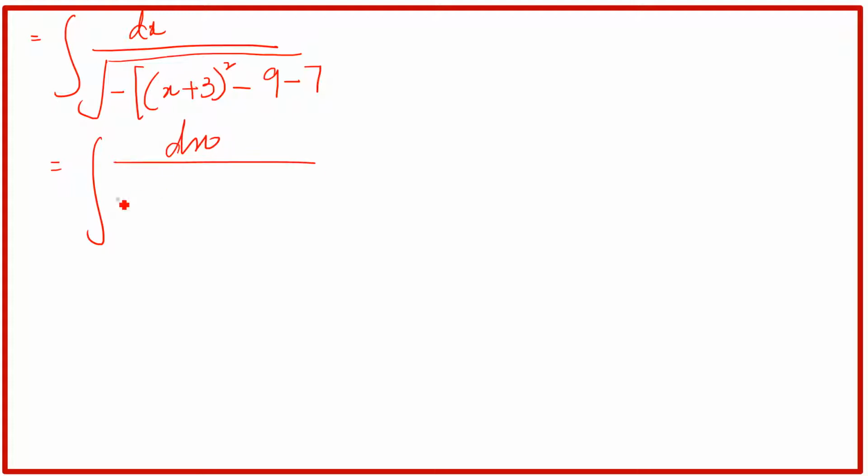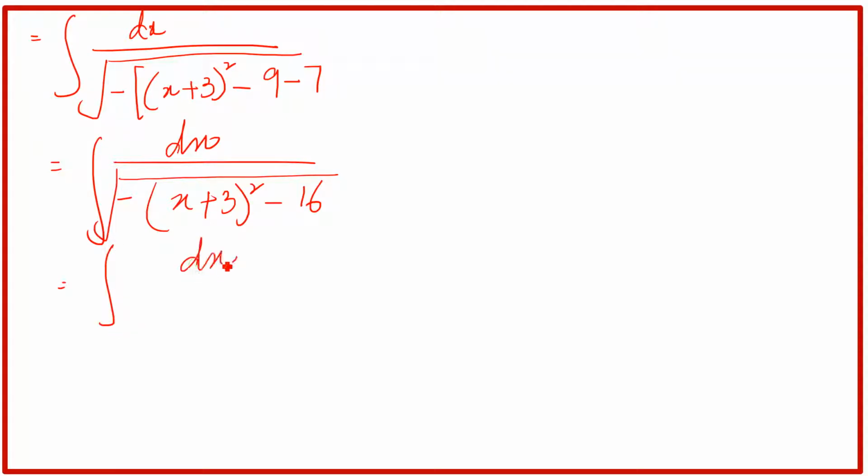We will simplify it. Minus, it is x plus 3 whole square minus 16. You know that the square root of 16 is 4. We can write down x plus 3 whole square minus 4 square.